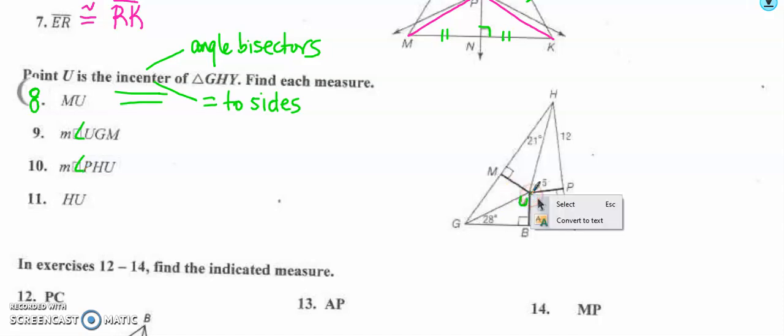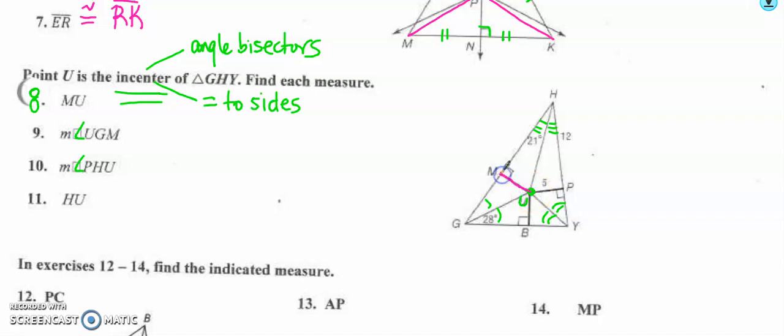U appears to be that point of concurrency of your angle bisectors, because it says U is an incenter, so I can come here and I can mark these congruent, these two angles over here congruent, and the two angles at the top are congruent. Knowing that, when it asks me what MU's measure is, MU is equidistant to the side, so I'm going to use this pink.